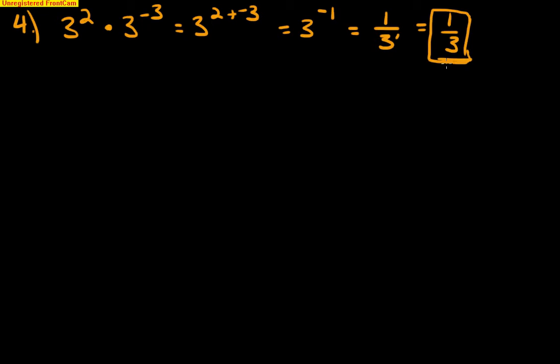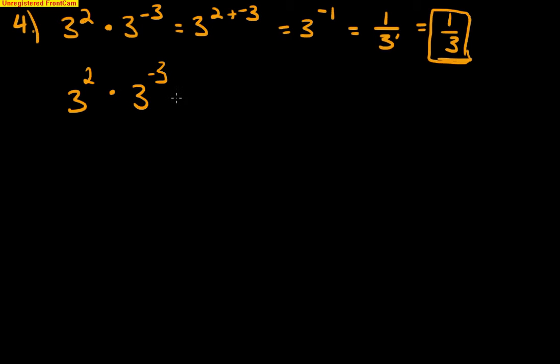So that's number 4. Let's look at that a little bit differently. Because PEMDAS says exponents first, right? And we didn't really do exponents first, because we used the rule with the powers, so we added them. So let's start off with 3 to the second power times 3 to the negative third power.